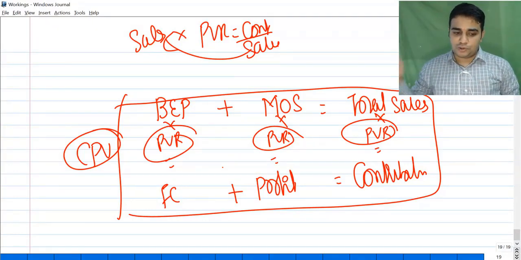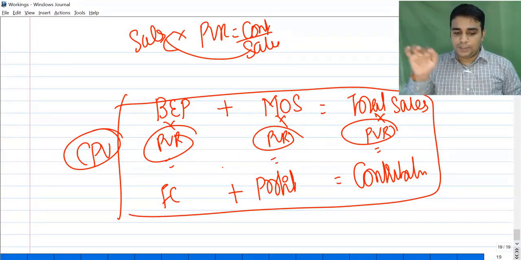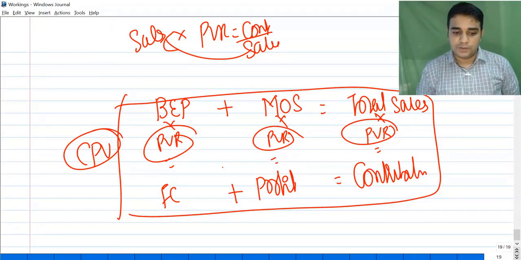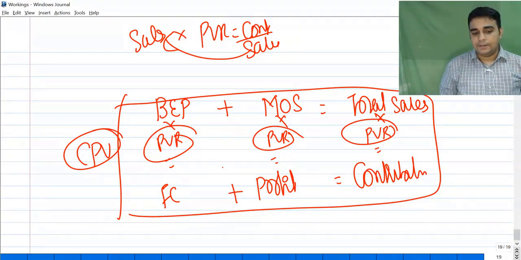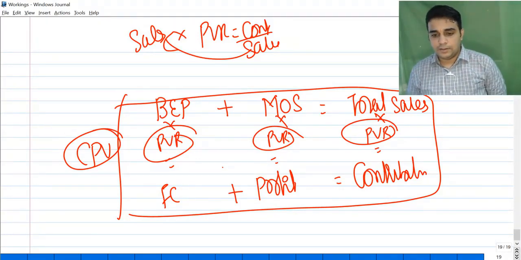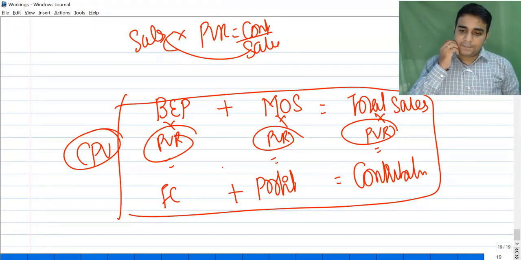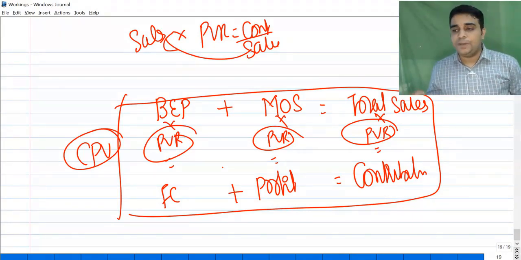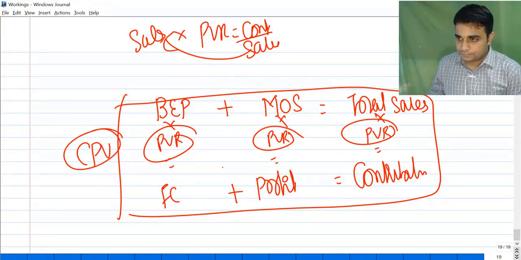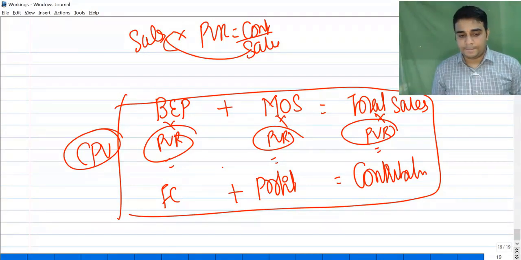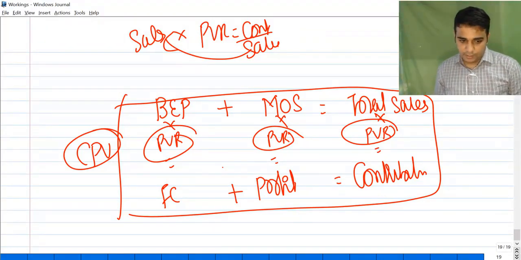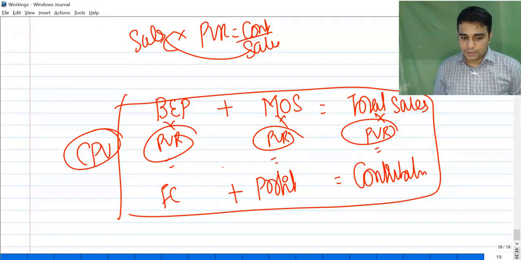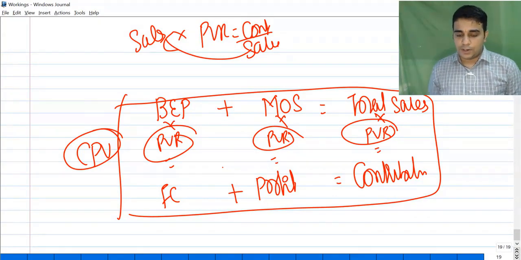BEP plus MOS is equal to total sales into PVR, equal to fixed cost into PVR, equal to profit into PVR, equal to contribution. Into PVR equal to fixed cost, profit and contribution.